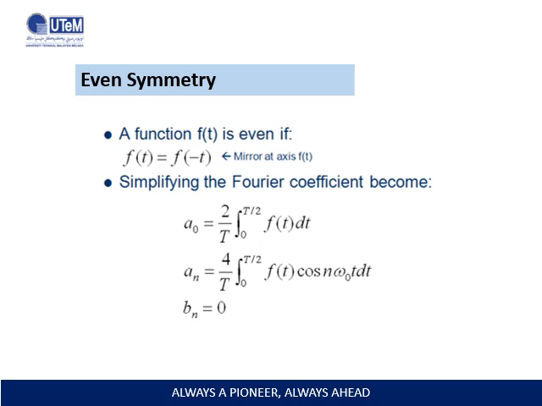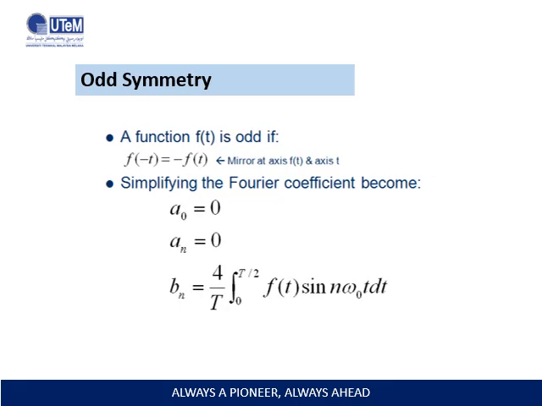The a naught is equal to, twice than before, 2 over T, and your integration is from 0 to only half of the cycle, f(t) dt. Then a_n is equal to 4 over T, integration from 0 to half of the cycle, f(t) cos n omega naught t dt, and b_n is equal to 0.